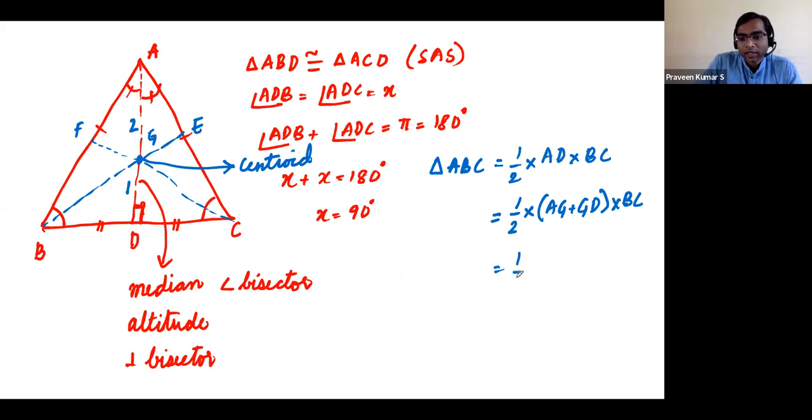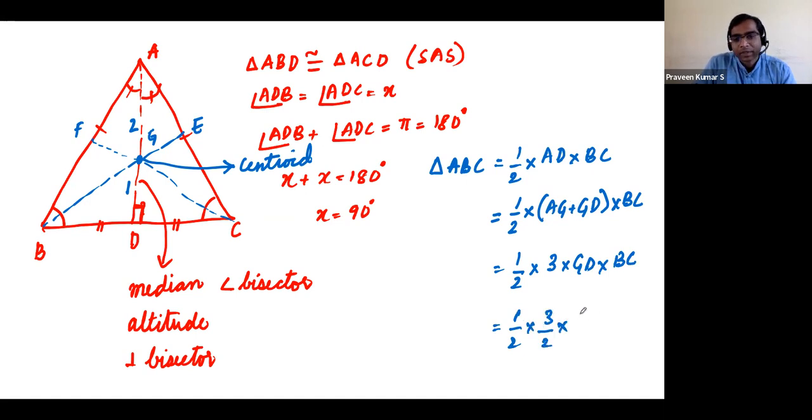So you can write half 3GD into BC, or if you write GD as half of AG, can you then write half into 3/2 into AG into BC?